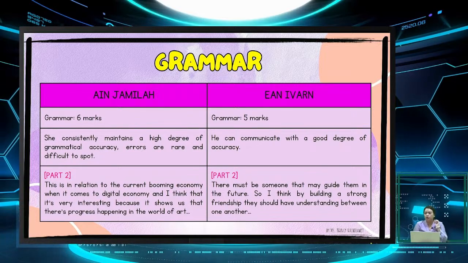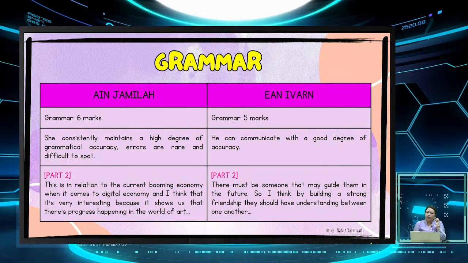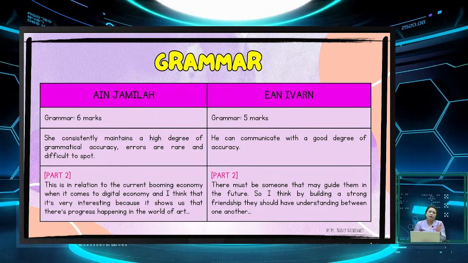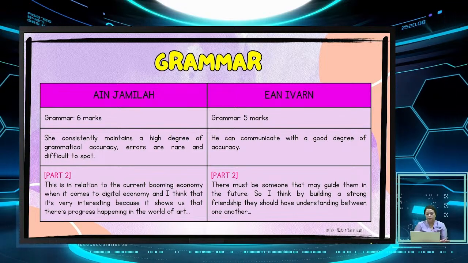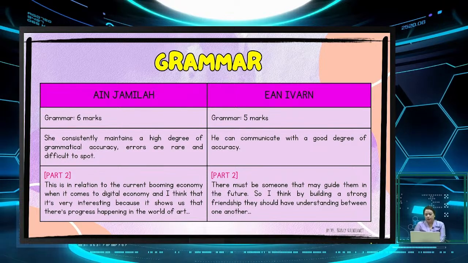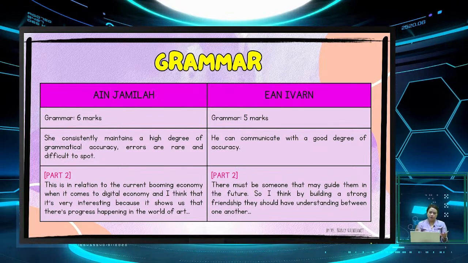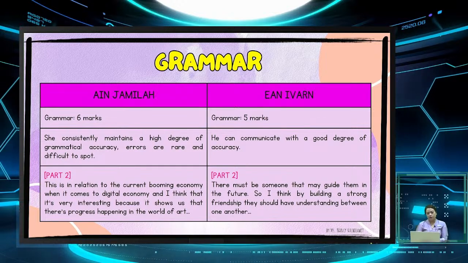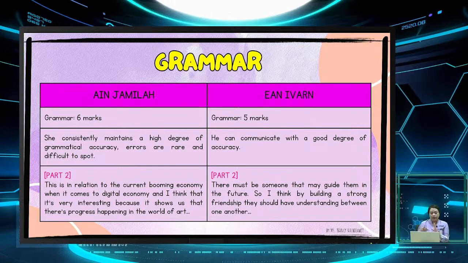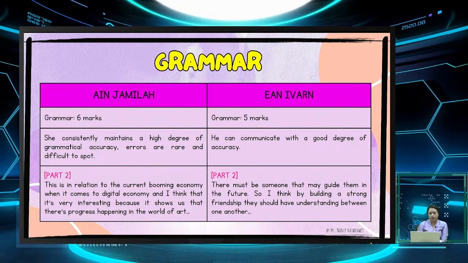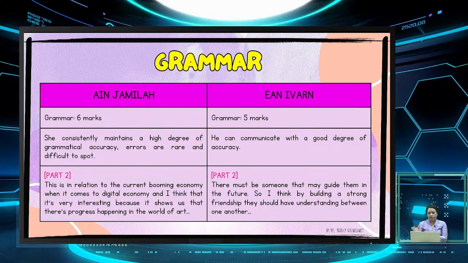So you can listen to her and know that she doesn't really make any grammar mistakes. For Ian, he did make some mistakes here and there, but because he's very confident, if you look at the video, he can communicate with a good degree of accuracy. So 6 for Ain, 5 for Ian.